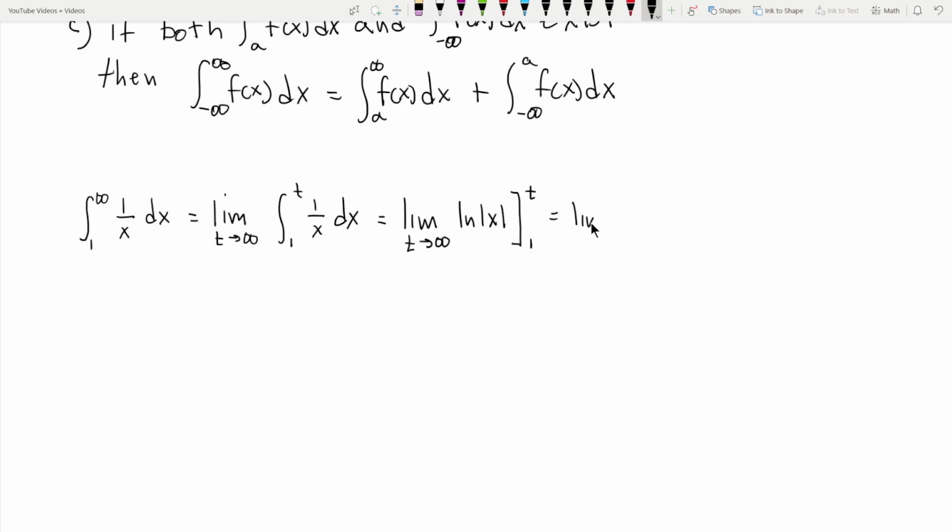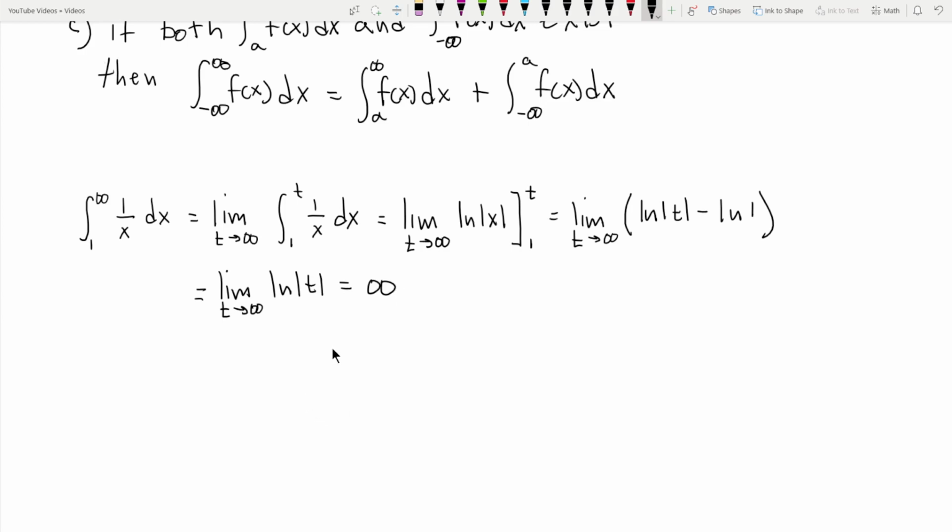We have the limit as t goes to infinity of, okay, so now ln of the absolute value of t minus ln of 1. ln of 1 is 0, so this whole thing becomes the limit as t goes to infinity of ln of the absolute value of t, and that diverges. That goes to infinity.